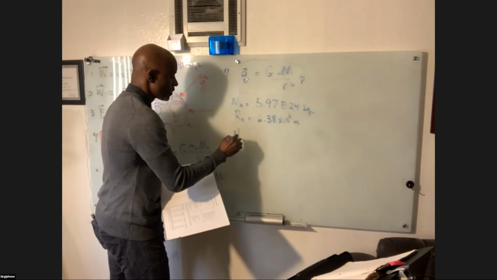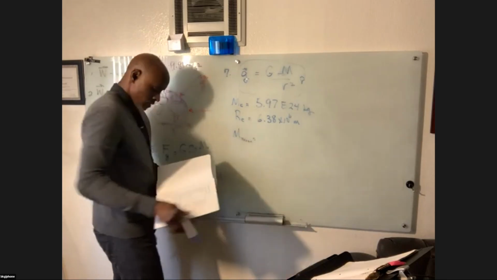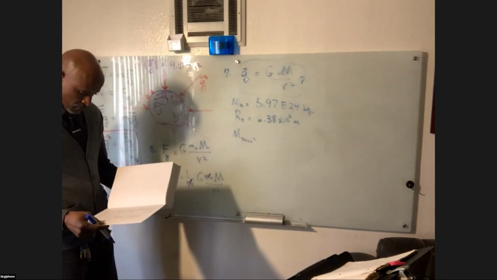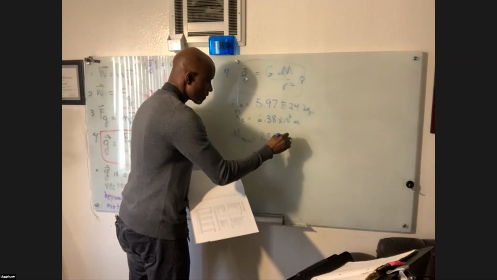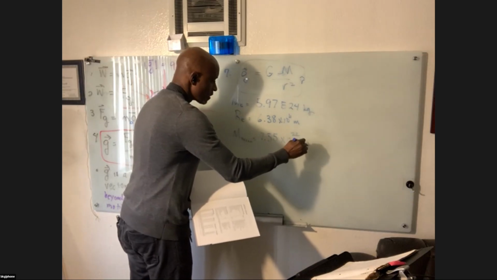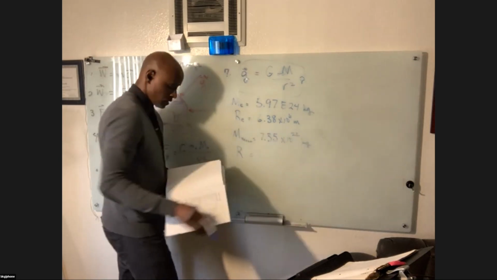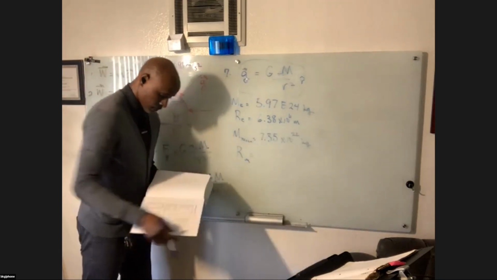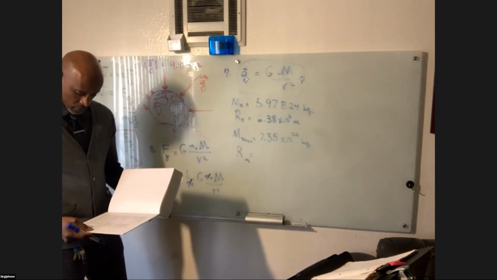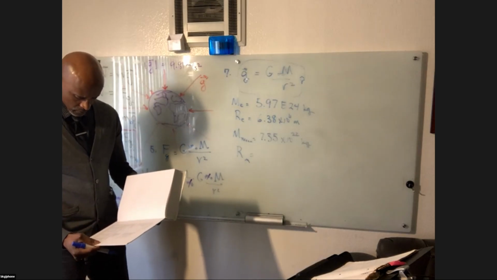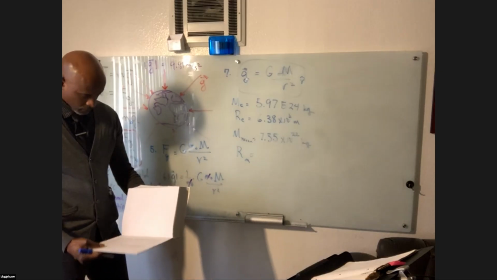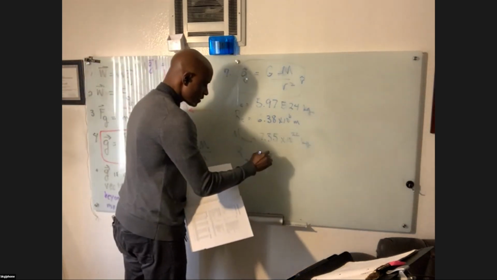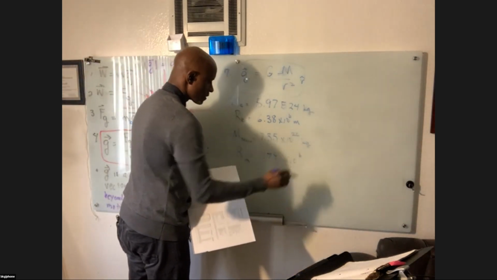And the moon's mass is 7.35 times 10 to the 22nd kilograms. And the moon's radius is 1.74 times 10 to the 6th meters.